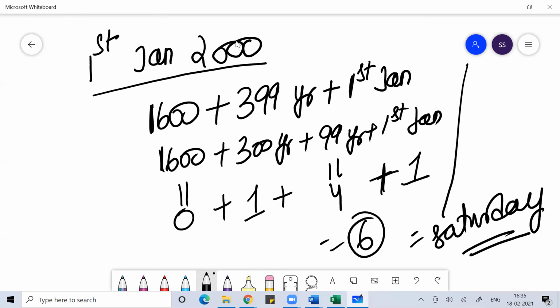You know your birthday date, you know the day also, so you can prove mathematically that you were born on that day. Anyone want to ask any question? Any random date you can take, you can calculate.